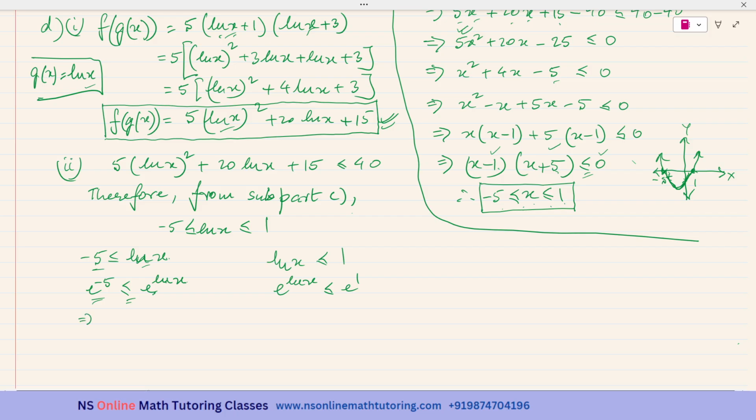So this is e to the power of negative 5 is less than or equal to x, and from here we are getting x is less than or equal to e. So combining these two, we can write x is greater than or equal to e to the power of negative 5, but is less than or equal to e. Okay.